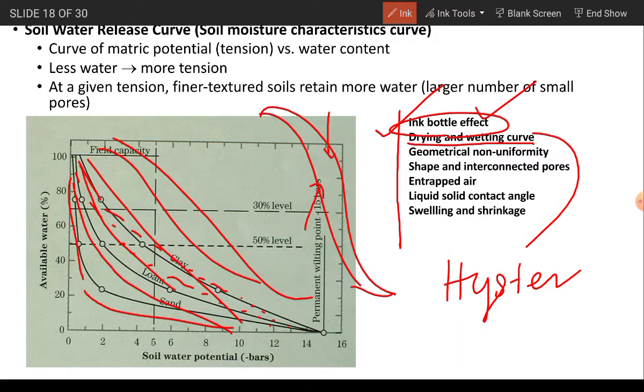At a particular tension, the moisture content in the drying curve is higher than in the wetting curve. Why does this happen? This happens due to geometrical non-uniformity, shape and interconnected pores, entrapped air, and then the swelling and shrinkage property of the soil.